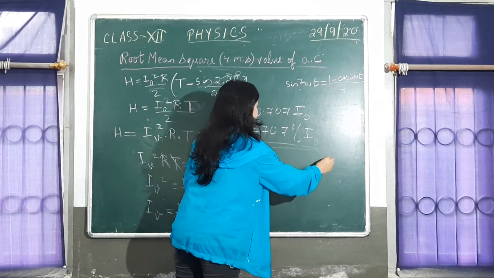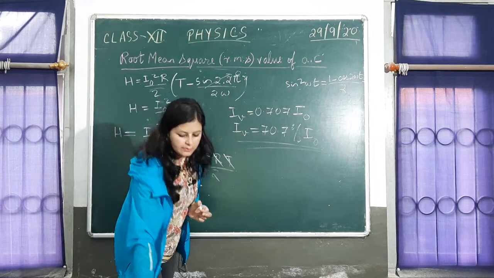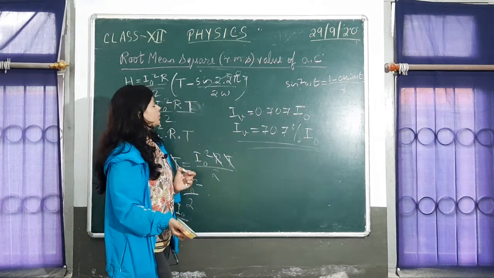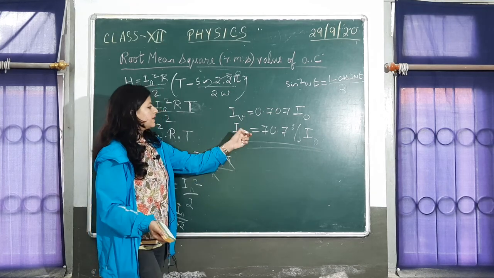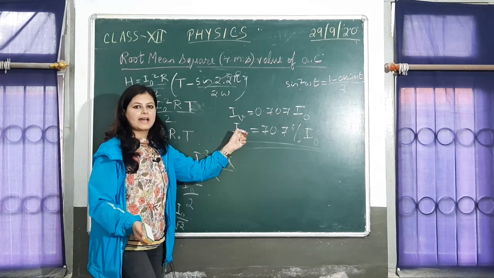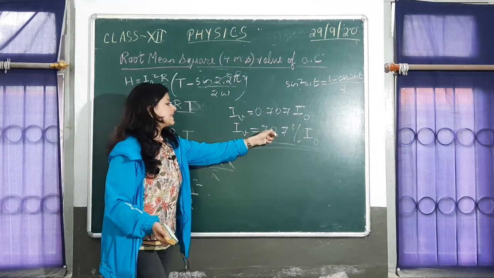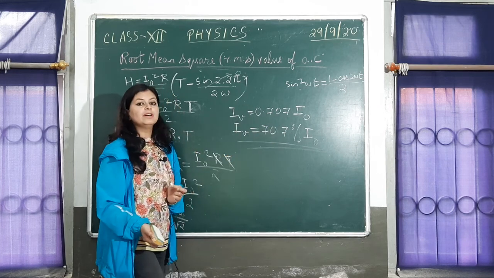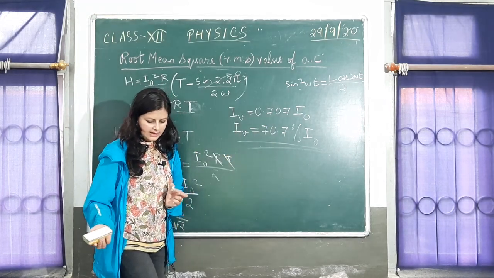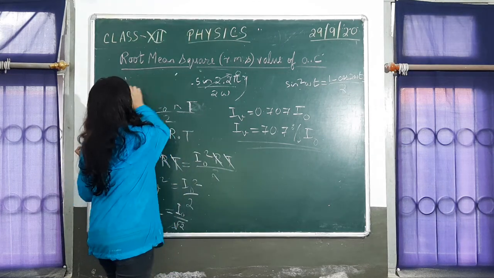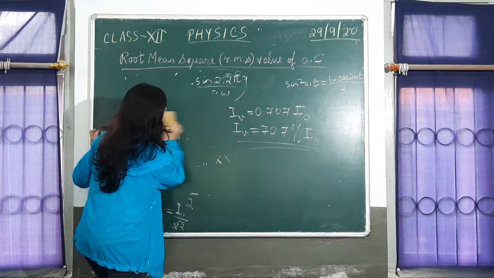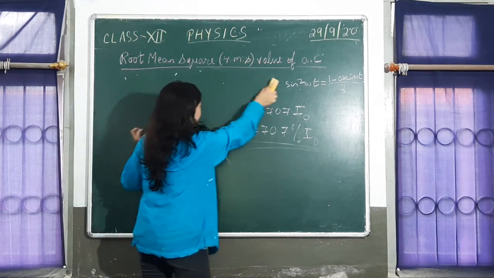So this is the final expression if the equation given to you is I is equal to I naught sine omega t. The virtual value of current or the RMS value of current will be 70.7% of the peak value of alternating current. Likewise, let us quickly find out the RMS value of alternating EMF.